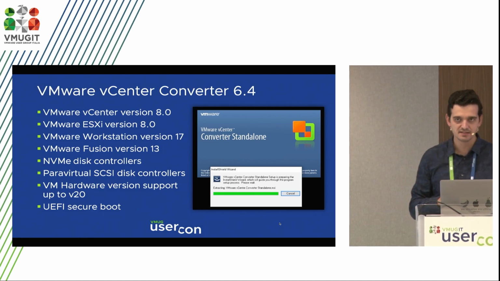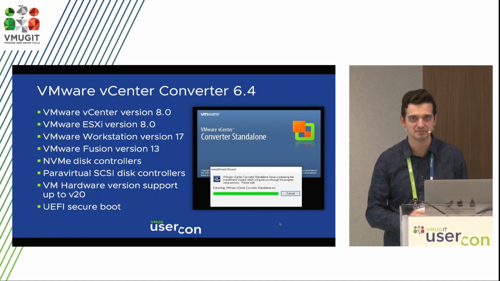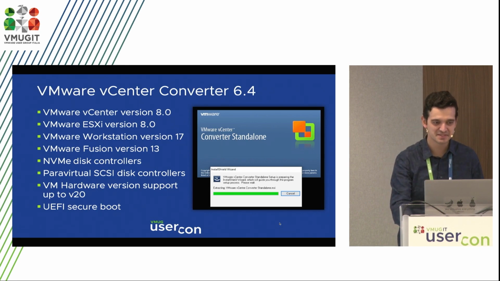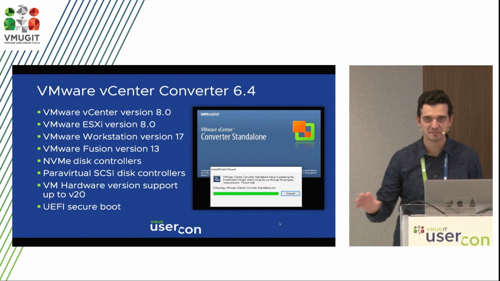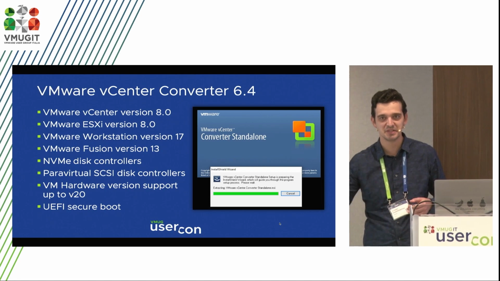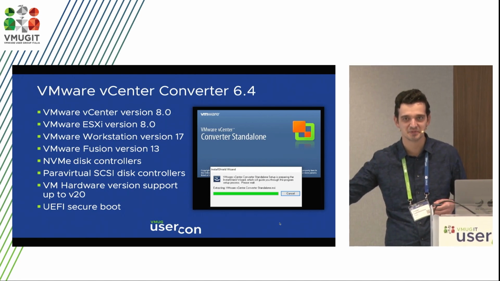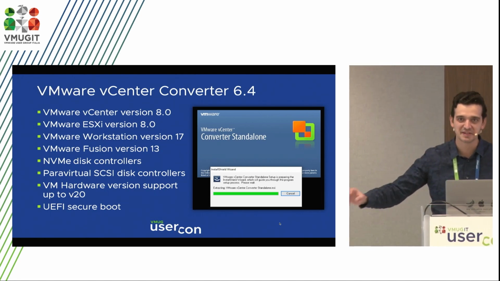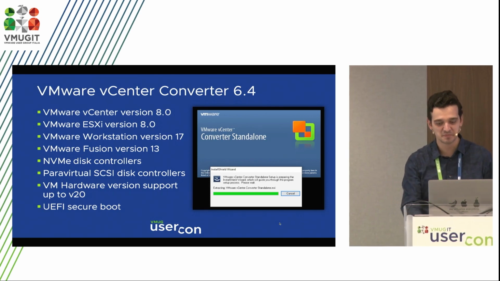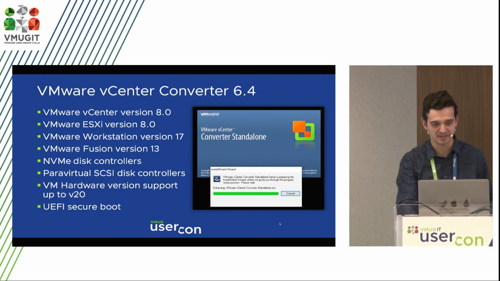In the next release, there will be even more. So the team is getting up to speed. When we revived the product, we managed to find some of the original developers from the original converter, which was very good. So they are getting up to speed, and I hope there will be even more goodness coming from this team.